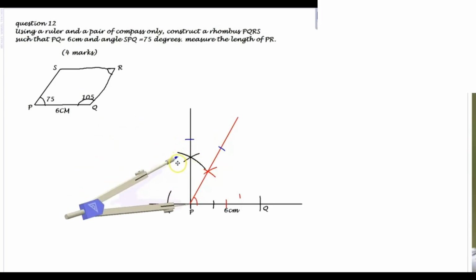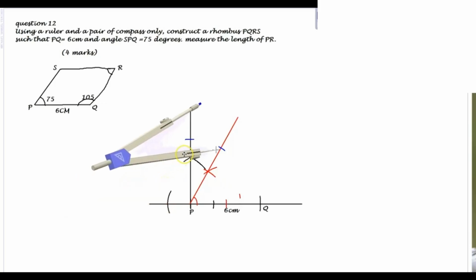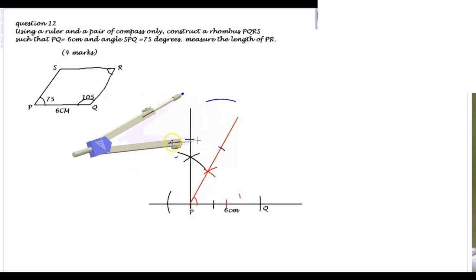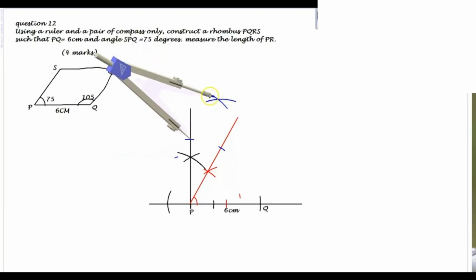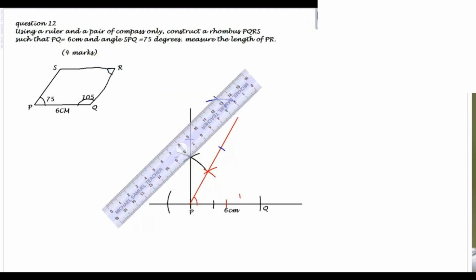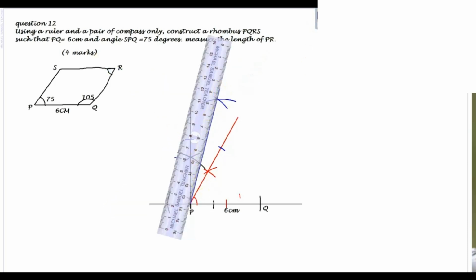Then I adjust the radius and use this as the arc. Mark there, and also use the other mark as the radius, and then put a mark there. Then I'm going to join it. So that is it.